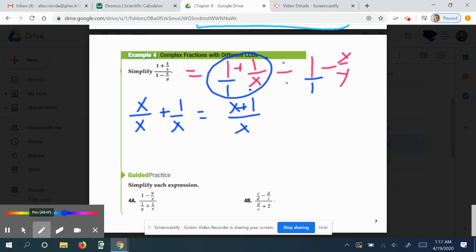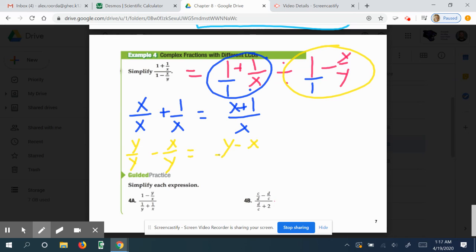Then for this guy over here, my common denominator is going to be y. So I had y over y, or it's actually minus x over y, right? And so that's just the same as y minus x over y, right?